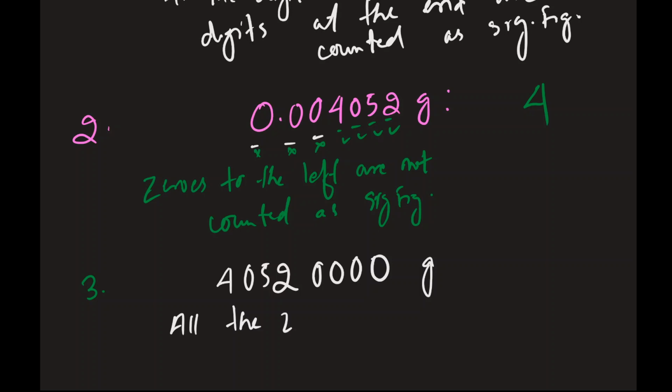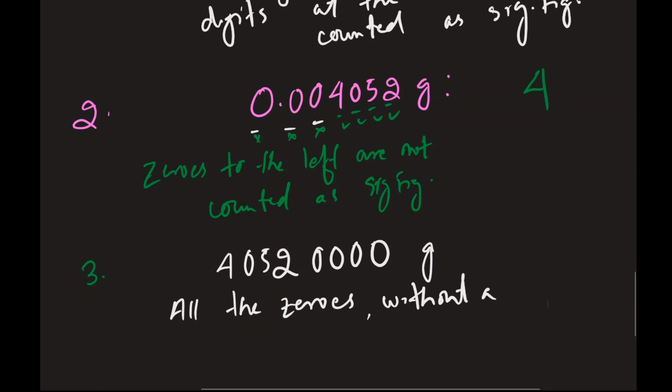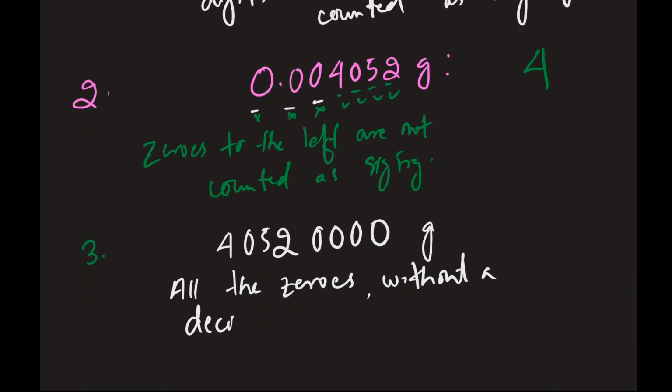All the zeros to the right without a decimal are not counted as sig figs.